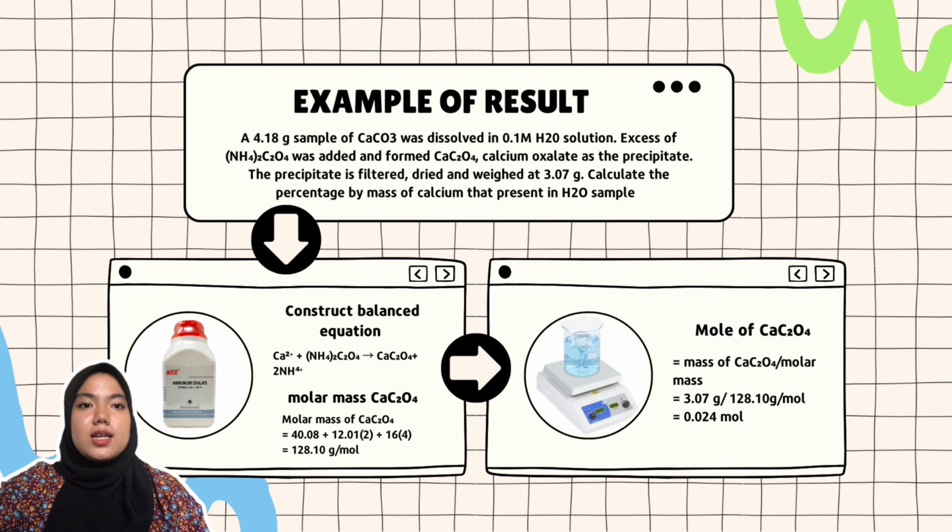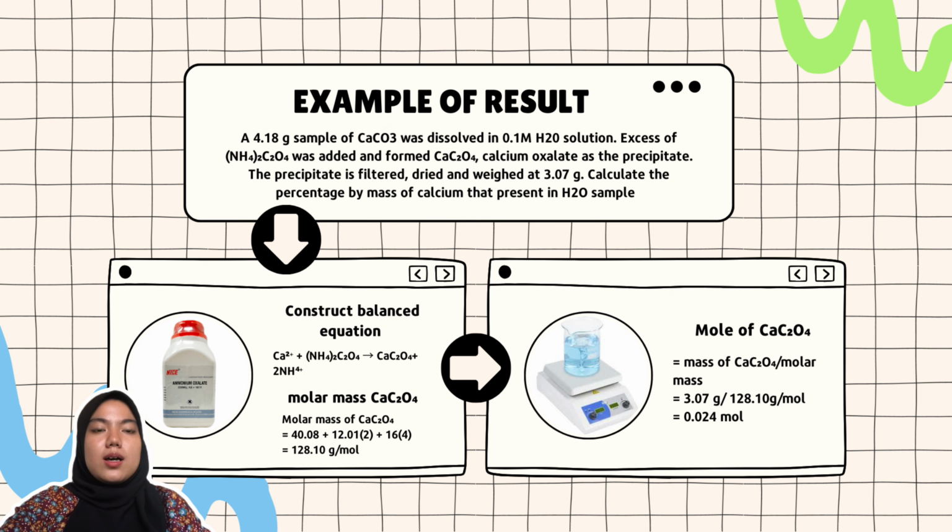And then the second step is we have to find the molar mass of calcium oxalate by finding each atom's molar mass in the periodic table, and we obtain 128.10 grams per mole. To calculate the mole of calcium oxalate, we have to divide the mass of calcium oxalate by its molar mass, so we obtain 0.024 mole as our answer.